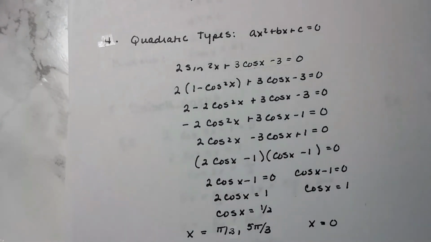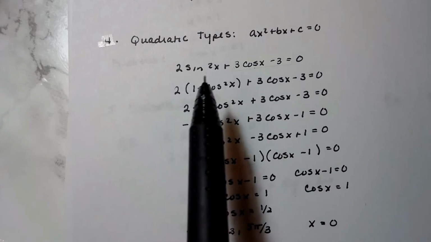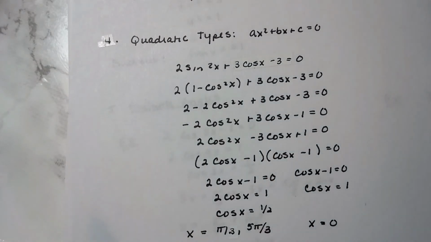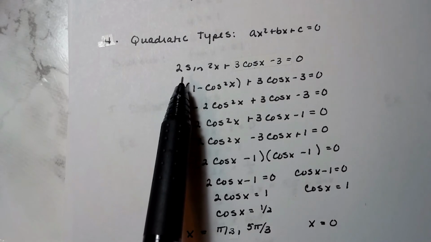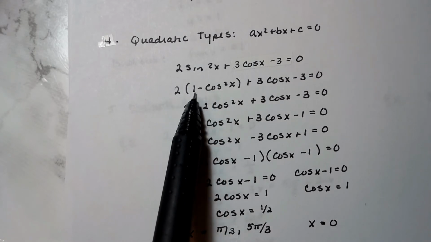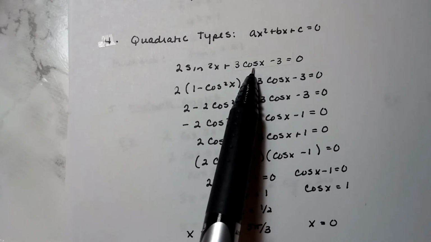And in this one, this is again a little bit complex. You can see all the work involved, but my trig functions are not the same. So the number one thing I have to try to do is make them the same. And I can do that by remembering my identities. Thankfully the Pythagorean identity for sine squared is 1 minus cosine squared. And I want to use that because I have a cosine here, right?